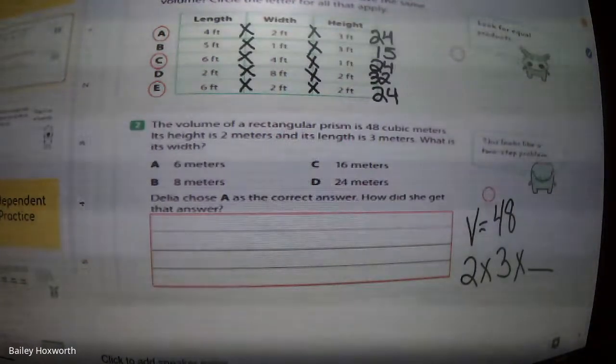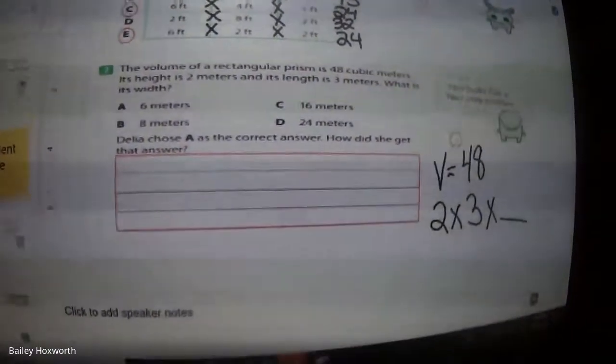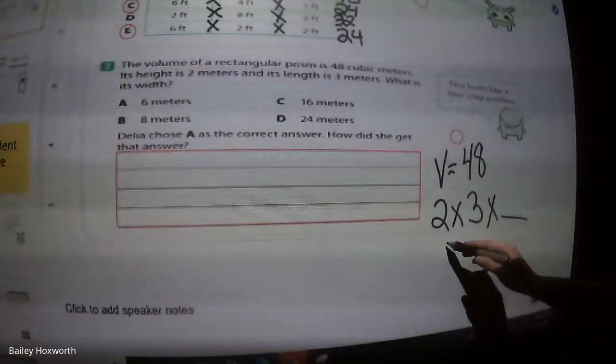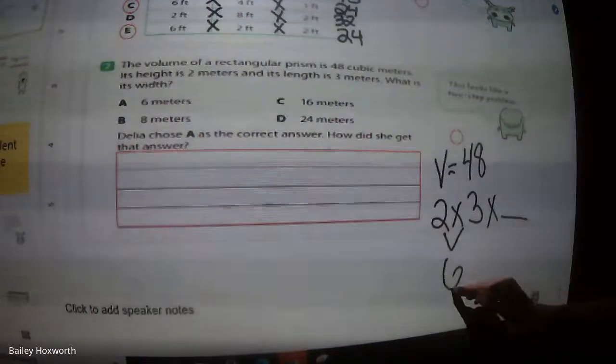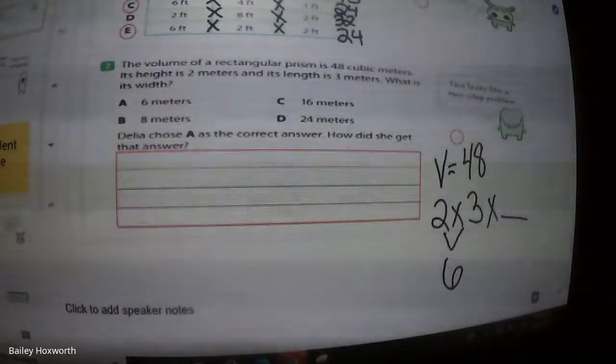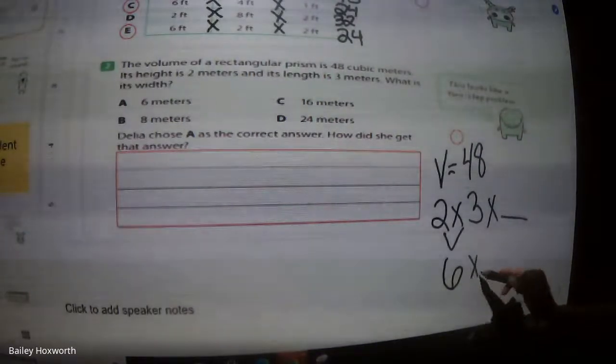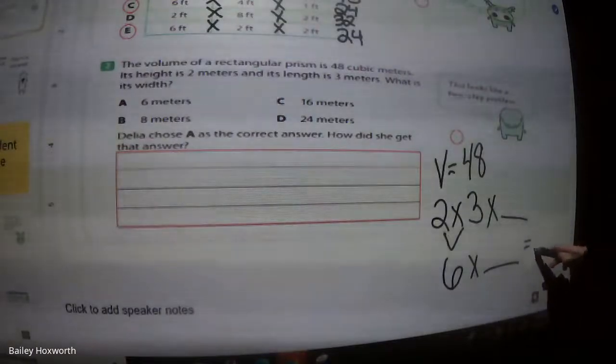So, what is the opposite of multiplication? It's division. So I need to solve what is 2 times 3. That's 6. And now I need to figure out 6 times what equals 48.